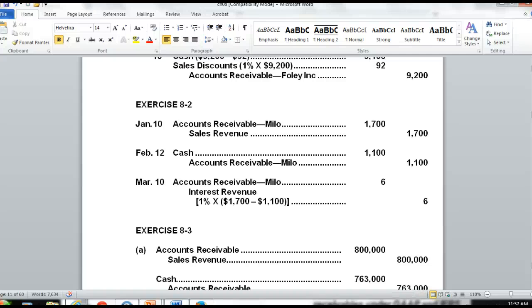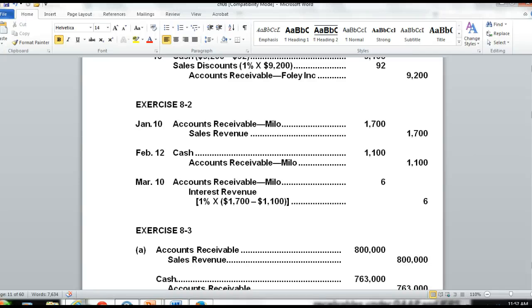Then we will show the interest increase by taking 1% of the outstanding balance of $600, which would be $6. So we'll increase the accounts receivable for Milo for $6, and we'll credit interest revenue for $6.